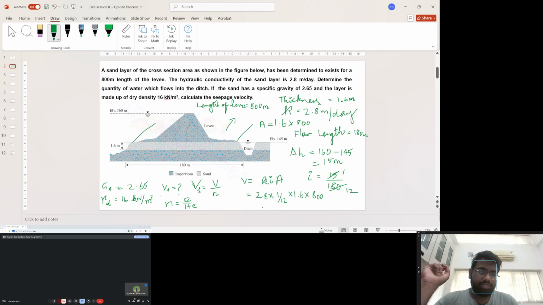So 2.8 into 1.6 into 800 divided by 12. This is not the velocity, this is Q.